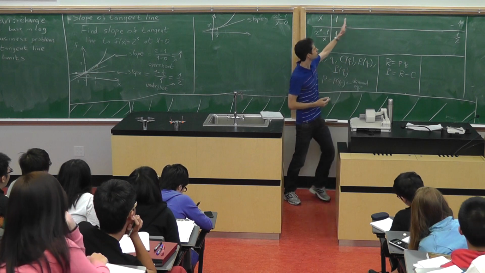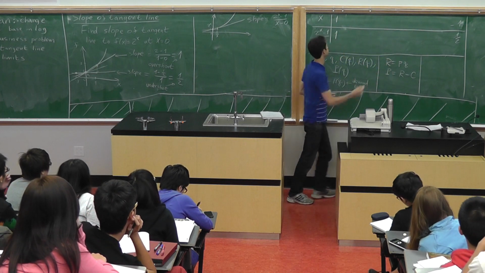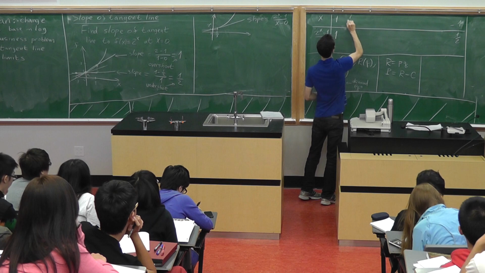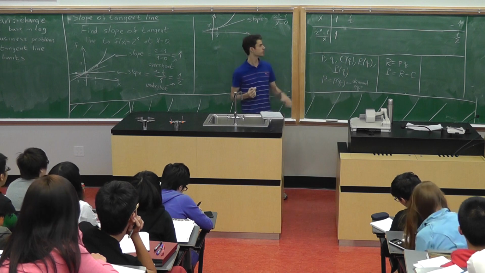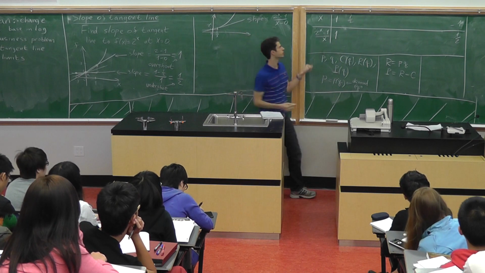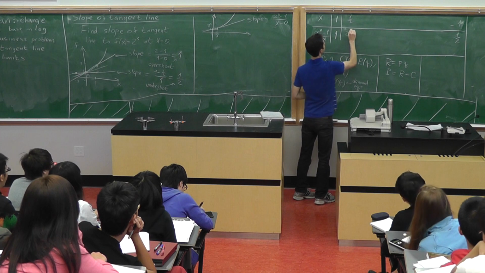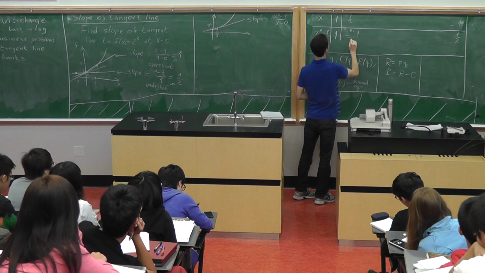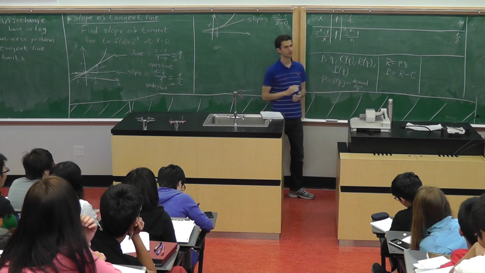And then we can try x somewhere in between. For example, let's try x equal to 1/2. What is this number? It's 2 to the power 1/2 minus 1 divided by 1/2.